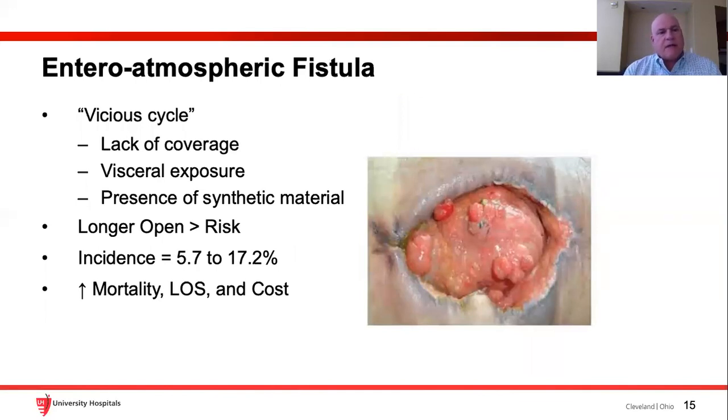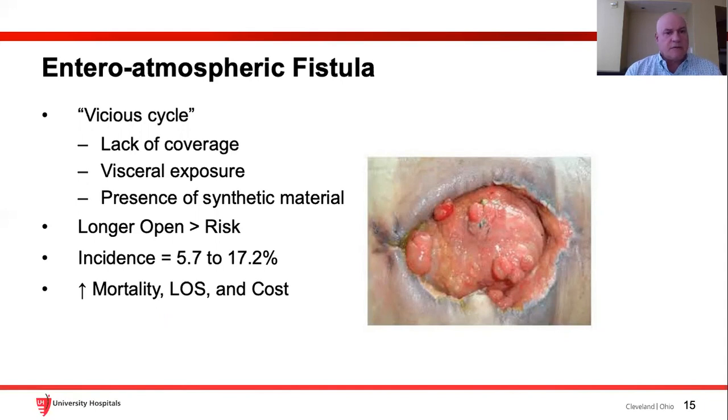This patient population is subject to both numerous systemic and wound complications, but probably the most dreaded of which is the entero-atmospheric fistula.